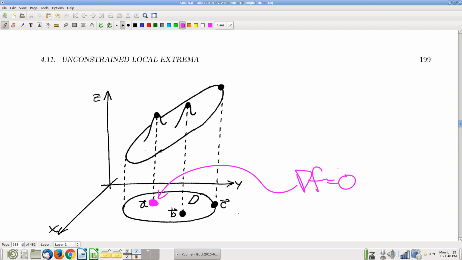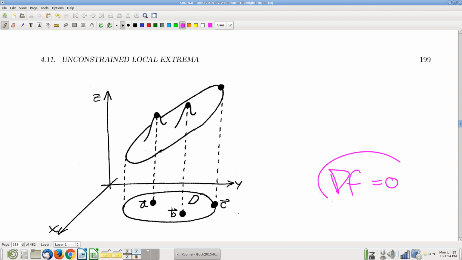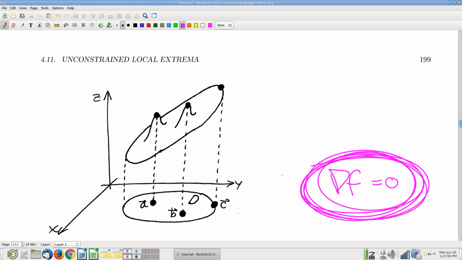So the reason that we take the gradient and set it equal to 0 is not because this will give us maxima. It's because this represents points that I cannot eliminate as possible maxima. This equation represents points where my argument fails.